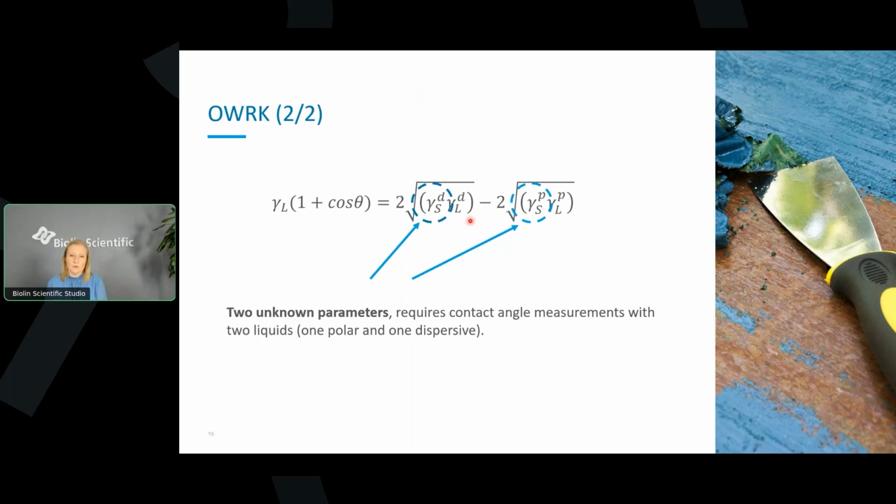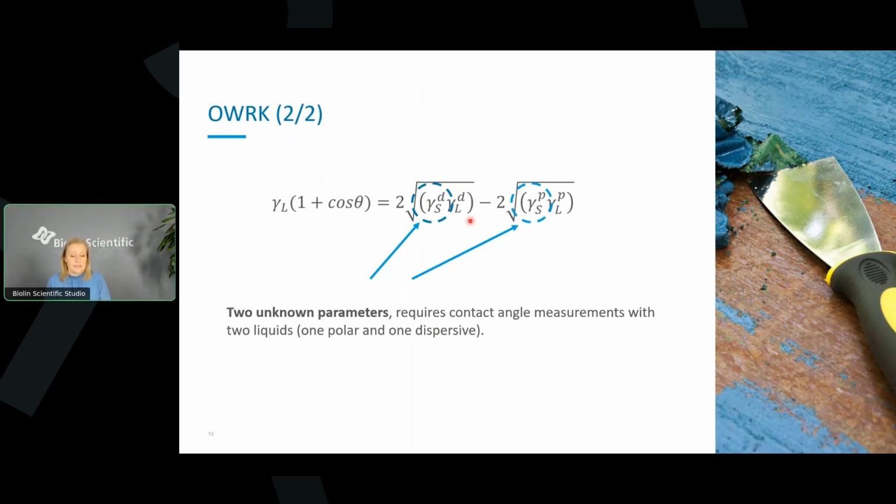And for most dispersive liquids, this is not the case, because most dispersive liquids have very low surface tension values, close to, let's say, 20 millinewtons per meter or even below. And on most surfaces, if you would put that sort of a drop on the surface, it would basically spread completely on the surface, and then your contact angle value would be 0.